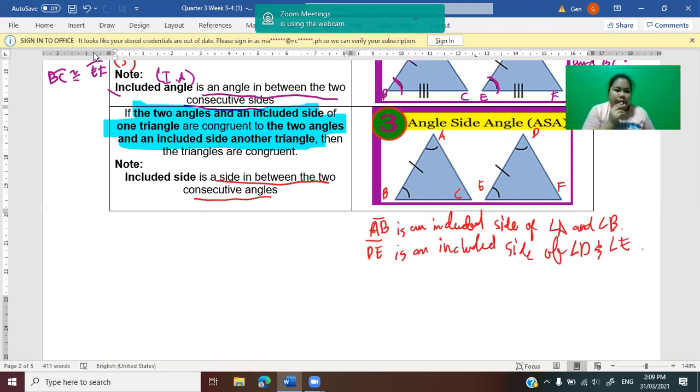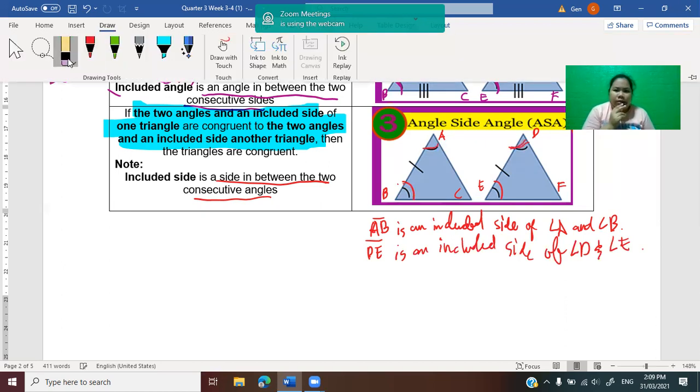Sige. So, what will be the arrangements of this proof? Na angle side angle. So, we have here, dapat pala ito ay dalawa. Para sila yung congruent. Tapos, angle A and angle B, isa lang. So, pag angle naman, single curve.